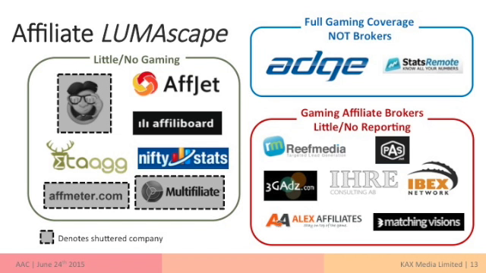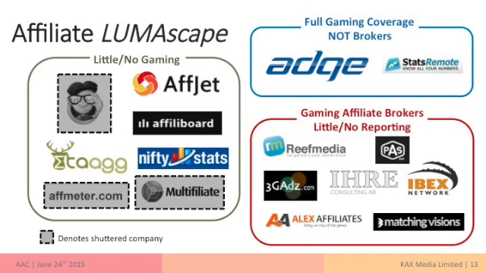There are 7 companies in that box, and 3 of them have closed already. So it gives you a sense of how difficult it actually is to compile this data and reliably return it to your customers. AFJet is one of the newer ones, as is Affiliate Board. Those operate a software as a service model.